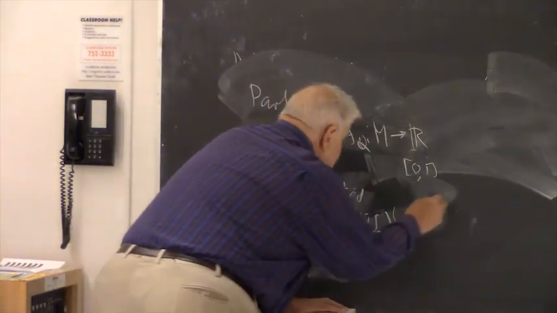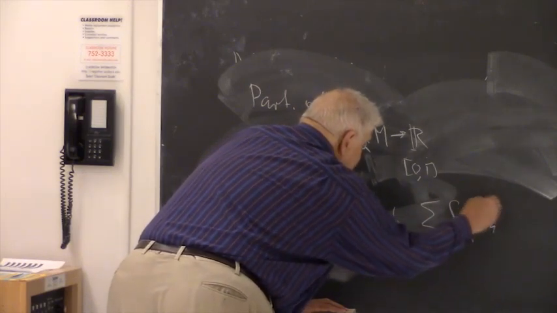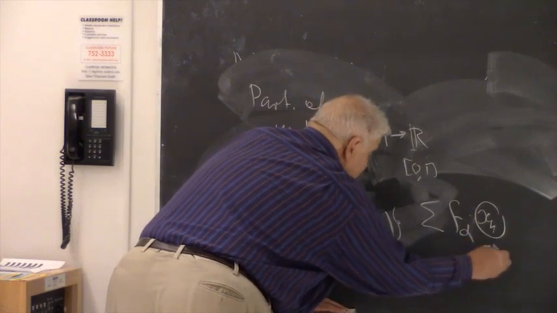And simply take the sum of f_α times x_n, where x_n is regarded here as a function on U_α.